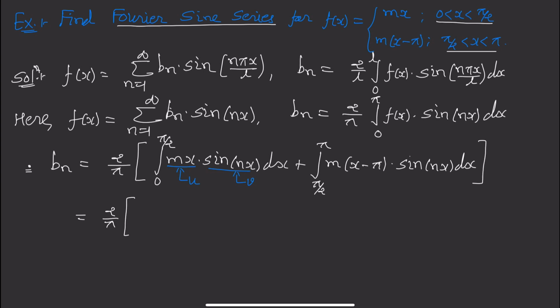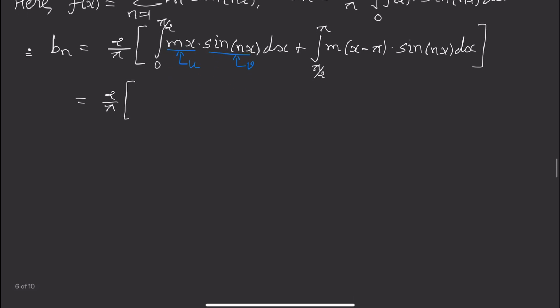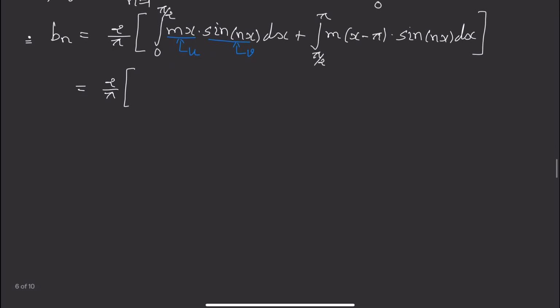Then we use the general rule of integration by parts. You know what is that rule? The rule is u remains as it is and we integrate v. So what is the integration of sine nx? The integration of sine nx is minus cos nx upon n. I write opposite sign.